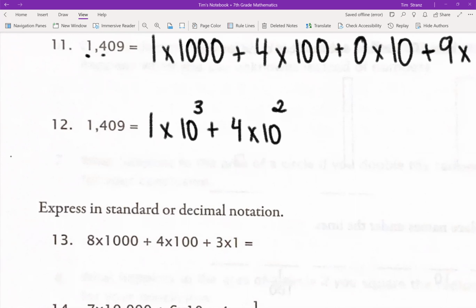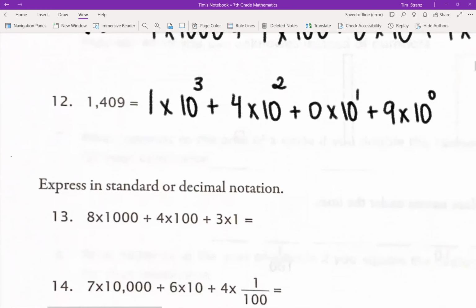Okay, next we're going to have 0 times 10 to the 1st power, which would still be 0. And then lastly, we're going to have 9 times 10 to the 0 power. This is basically the same thing as saying 9 times 1, which is 9. Okay, so there is exponential notation.